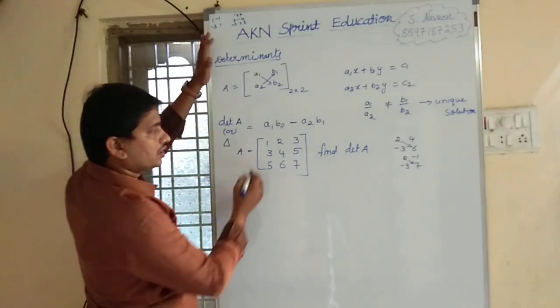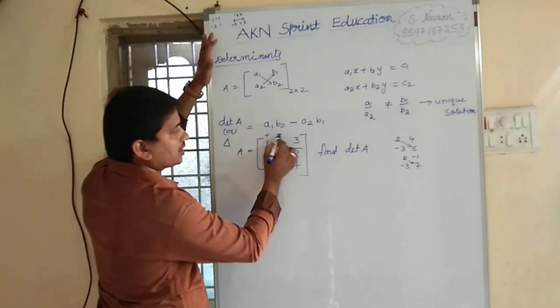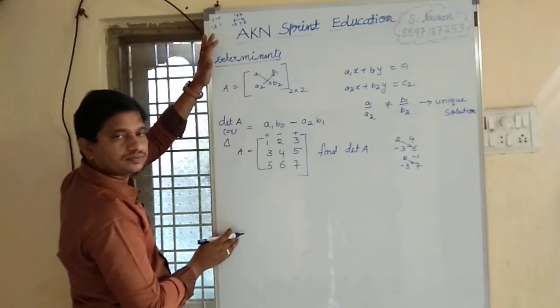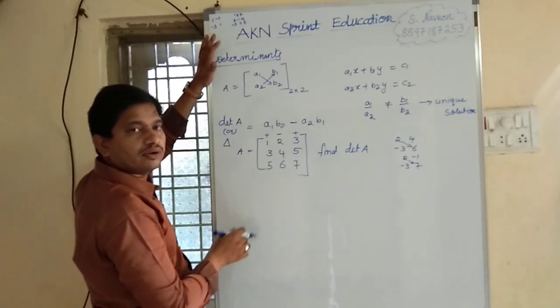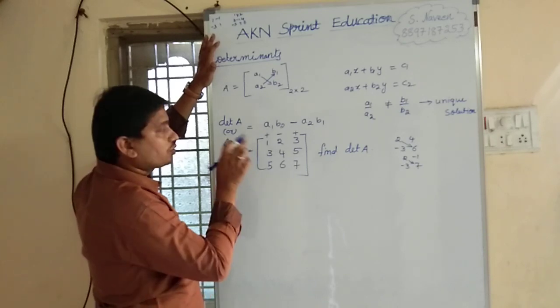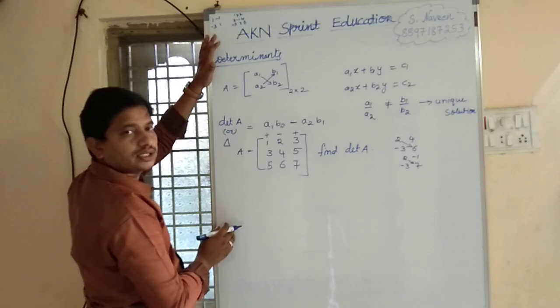Children, here this element's sign is plus and this is minus and this is plus. When we are finding the minor of an element, for finding minors and cofactors, there we will discuss why we use these signs, right?